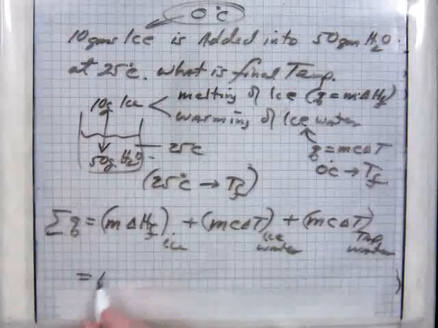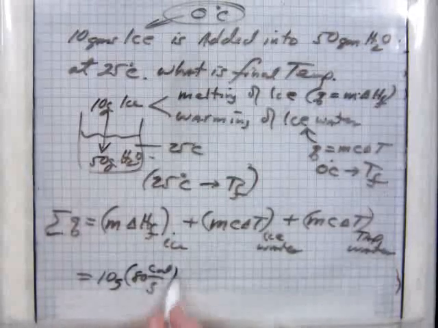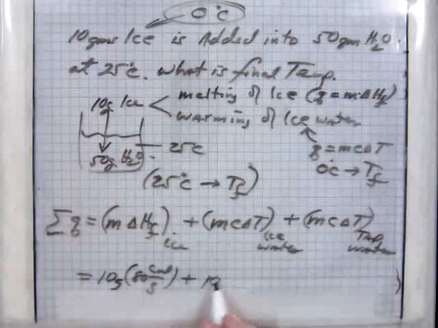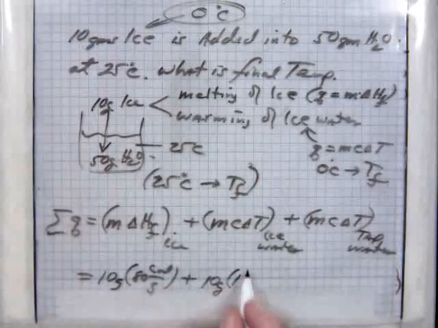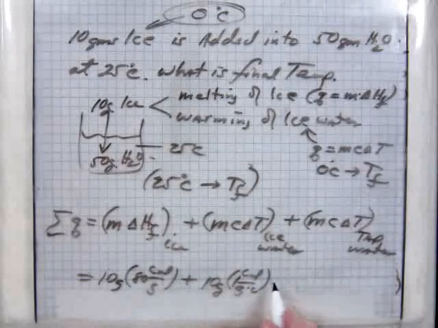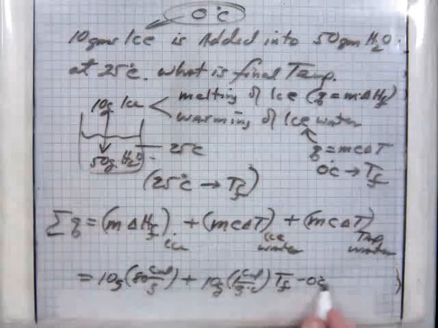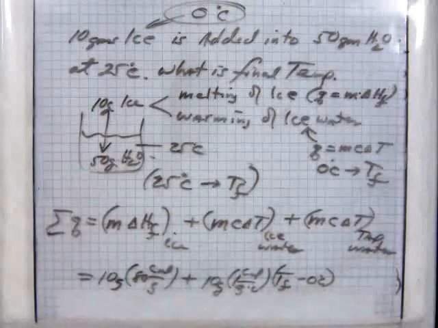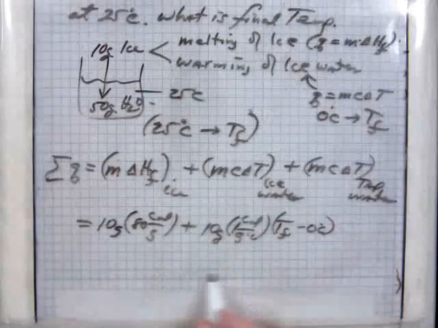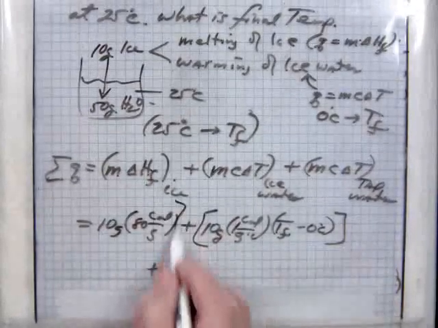You've got 10 grams of ice, 80 calories per gram, plus 10 grams of ice water now, 1 calorie per gram degrees C, and you're going from 0 degrees to final temperature, that's TF, minus 0 degrees C. That's the second one, plus this one.